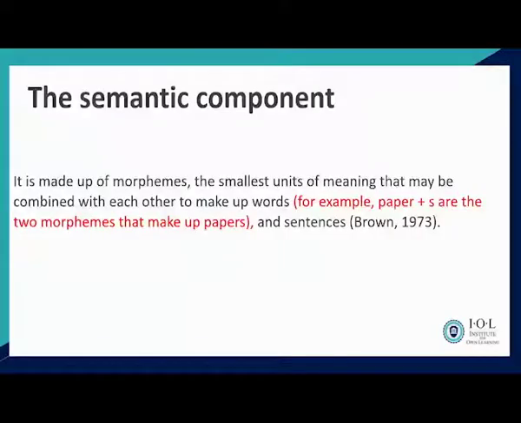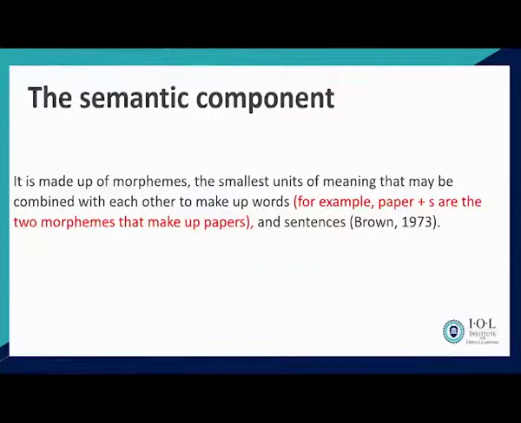Semantic. Semantic has to do with the meaning of words. Now that you can pronounce the word, what is the meaning of that word? What are the meanings of these words? So you will see that words are made up of morphemes. Morphemes are small, meaningful components of a language, each of which can stand on its own and still have meaning.